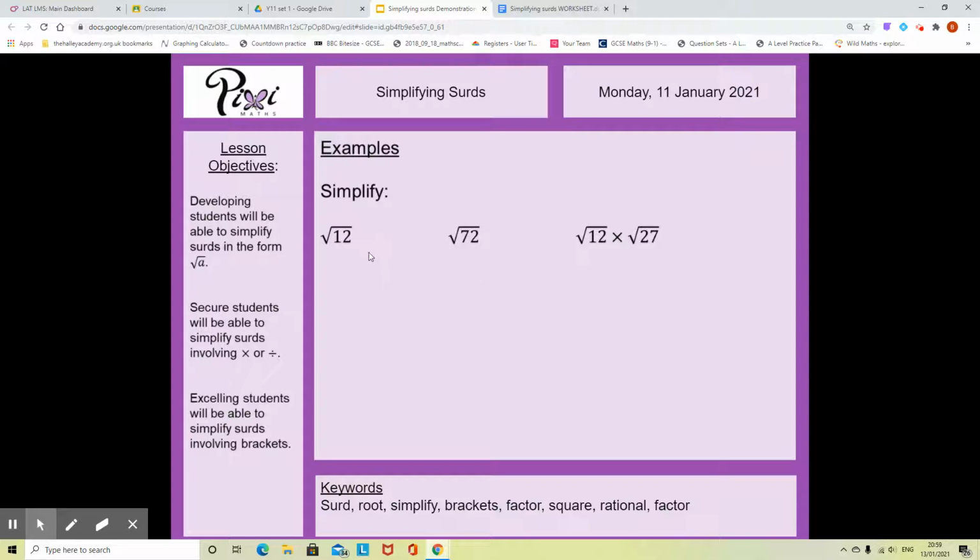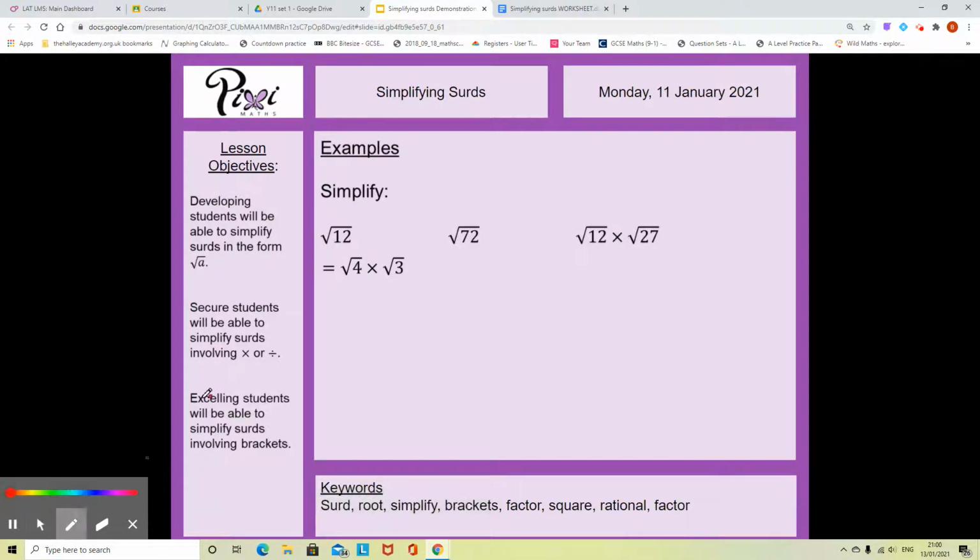Now let's look at examples involving simplifying surds. We have square root of 12. How could we simplify square root 12? Square root 12 can be written as square root 4 times square root 3.